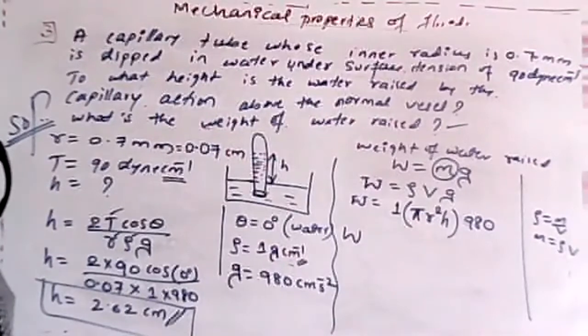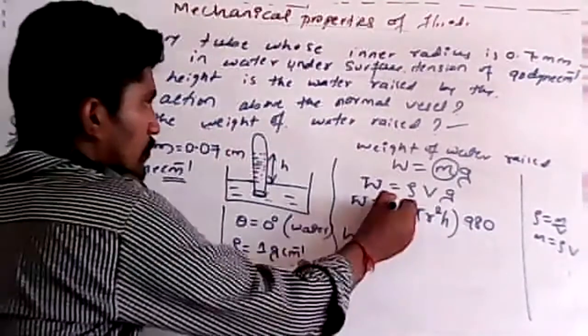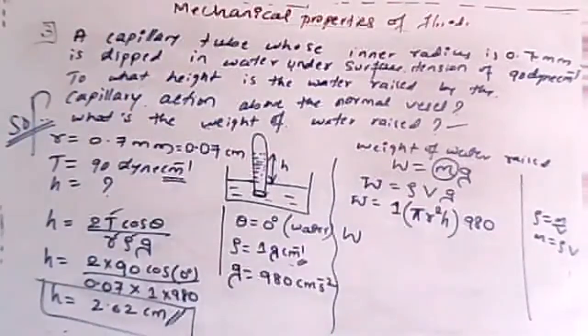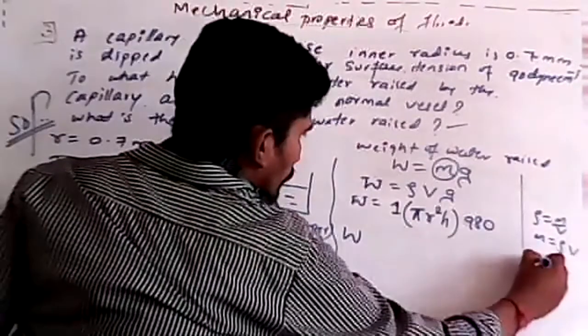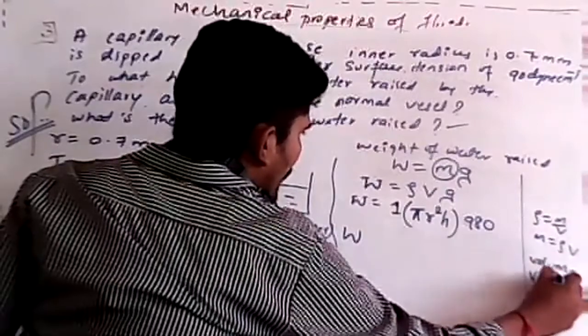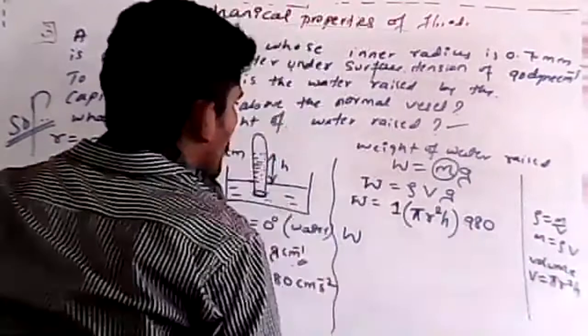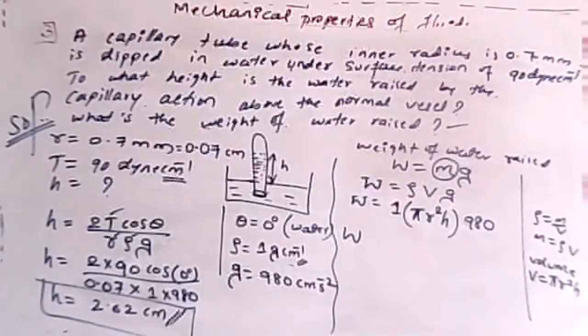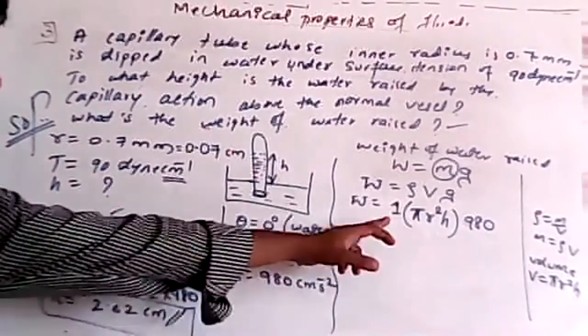Students, tell me fast. Anyone? Yes, what is your answer? So remember, volume V is equal to pi r square H, where H means height. Anyone, students?